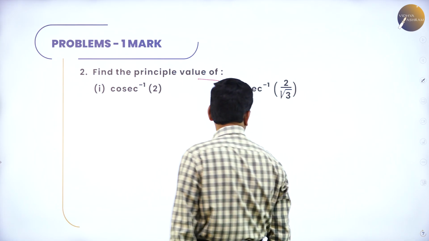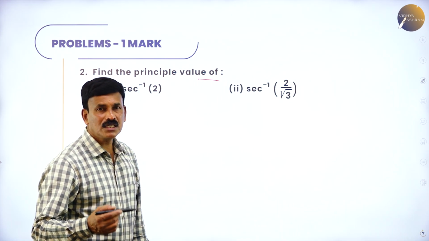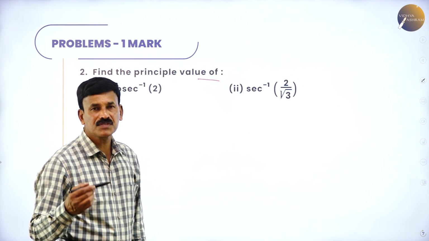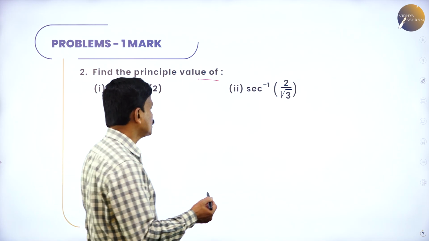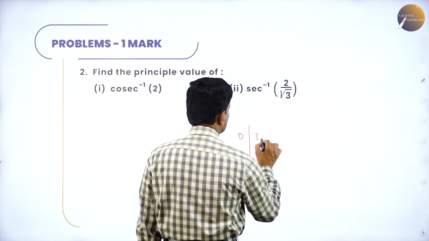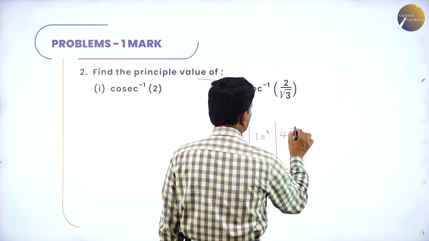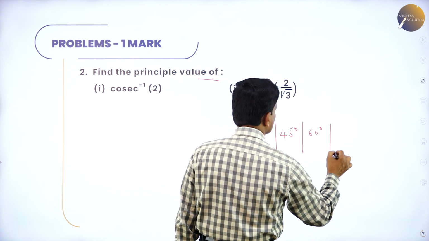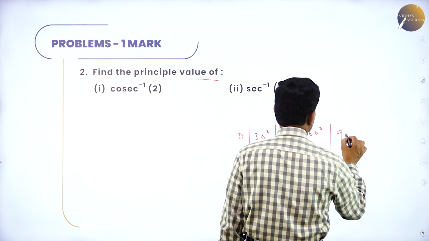Now, before going to the problem, let us know the trigonometrical ratios of standard angles from 0 to 90. Let me write the table: 0 degrees, 30 degrees, 45 degrees, 60 degrees, then 90 degrees.